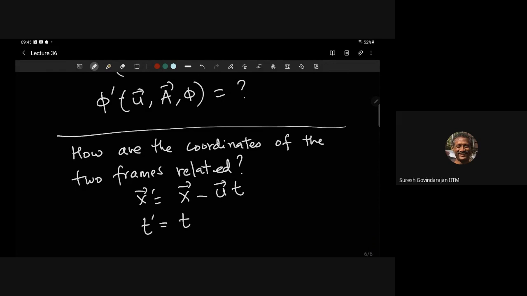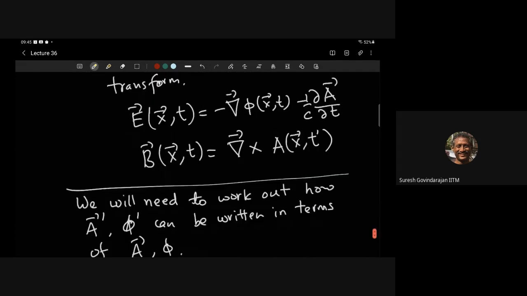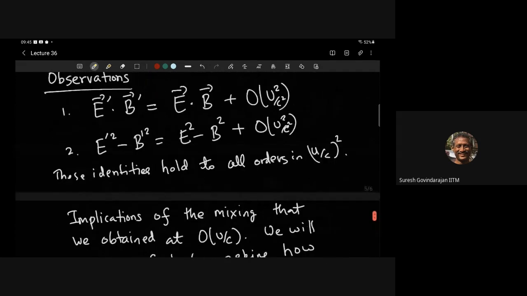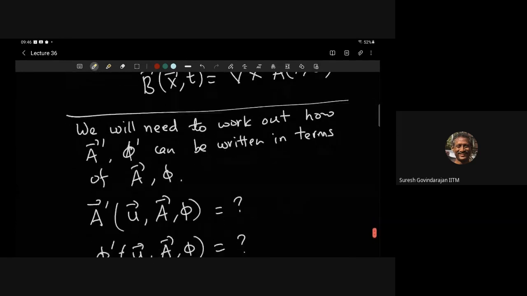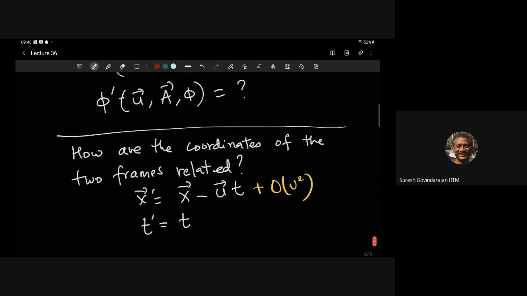Now we'll be very careful. Maybe there are corrections to this at order u square. We don't know. We don't want to be biased in any form, so I'm playing it safe. It could be true that there is no order u square term. We'll show later that it is zero. So t prime can be equal to t.